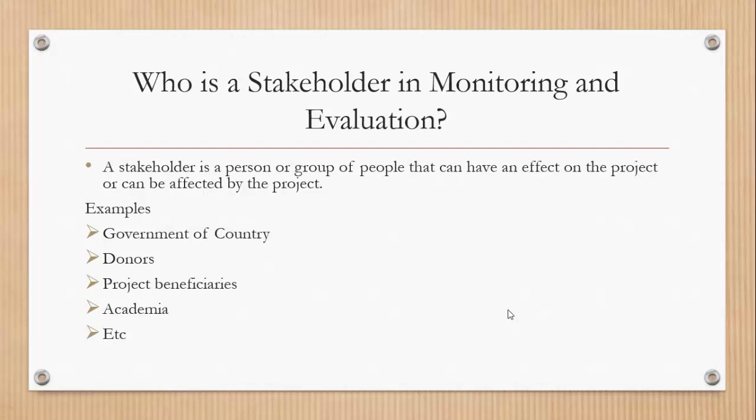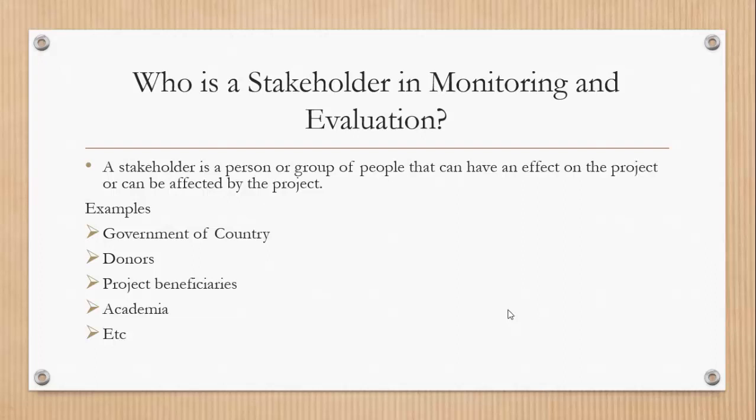But the interesting thing is that they are interested to know how things are going in terms of the implementation of the project. And the only way they can do this is when they are part of the process of M&E. We've got stakeholders like the government of a country, project beneficiaries, academia, especially the donors.